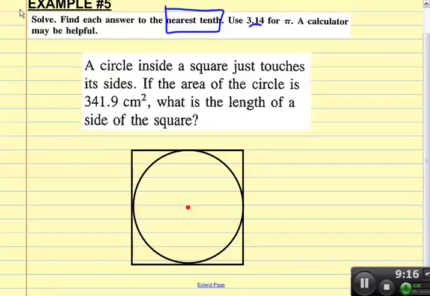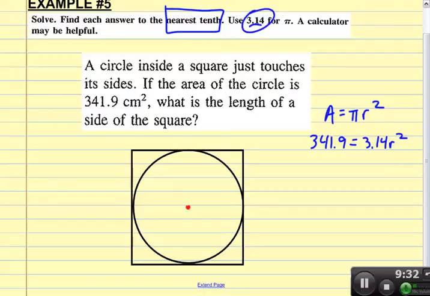If the area of the circle, A equals pi r squared, is 341.9 centimeters squared, then 341.9 is equal to 3.14 r squared, because they said use 3.14 for pi. What is the length of the side of the square?